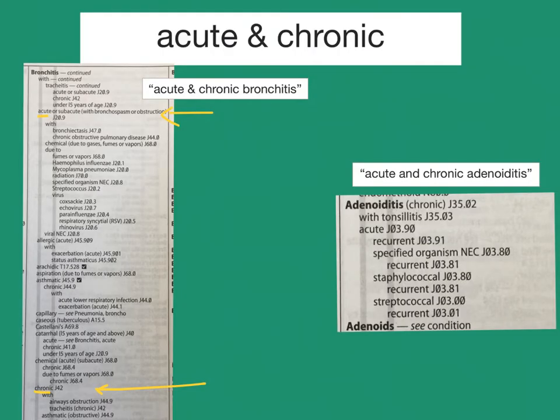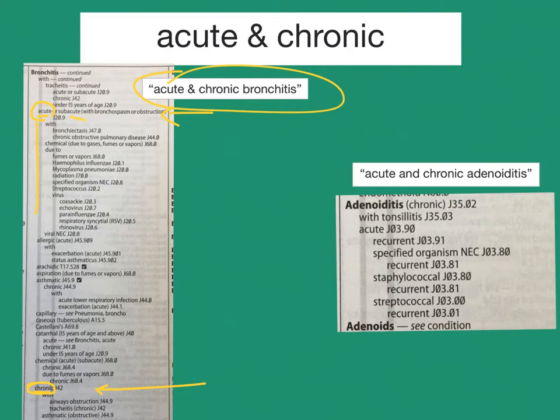Sometimes you will find in medical documentation that one condition is described as both acute and chronic at the same time. So how do we handle that in the alphabetic index? If there is a separate subterm for each acute and chronic, so for example, acute and chronic bronchitis, we have a subterm for acute and we have a subterm for chronic, and they're at the same indentation level here, then you would code them both, but list the acute code first.